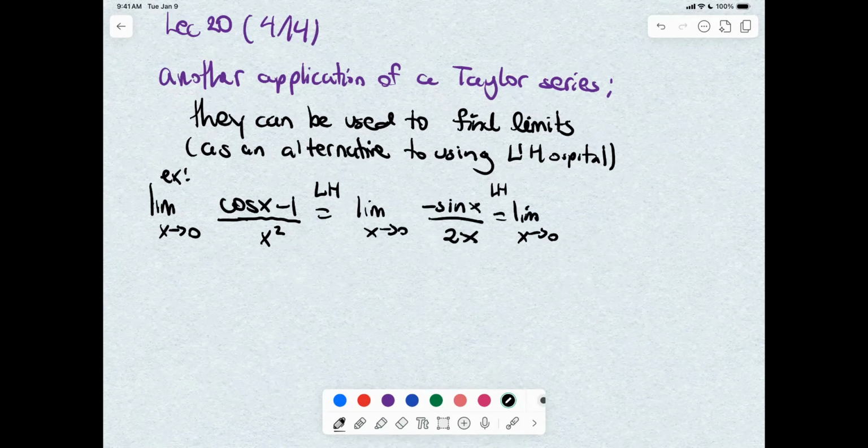The derivative of sine is cosine, so you get negative cosine of x over 2. Now this is ready to be evaluated by simple plugging. Cosine of 0 is 1, so you get negative 1/2. That is what the limit would have given you.